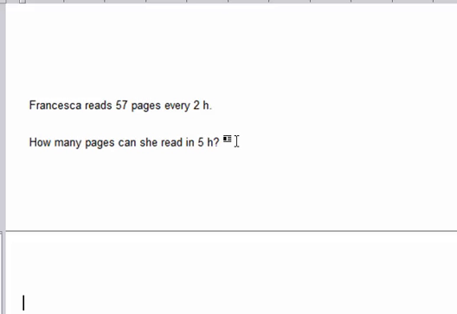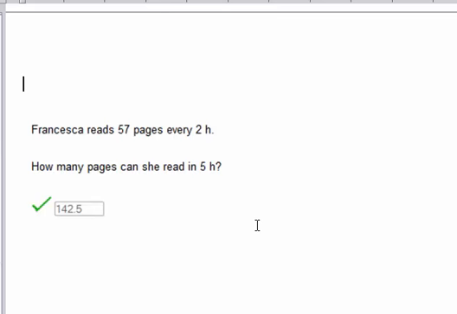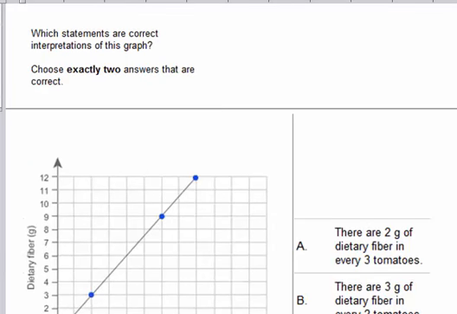Or what you can do is take 57 and divide that by 2, and then take that number and times it by 5. And either way, you're going to get that in 5 hours she can read 142.5 pages.